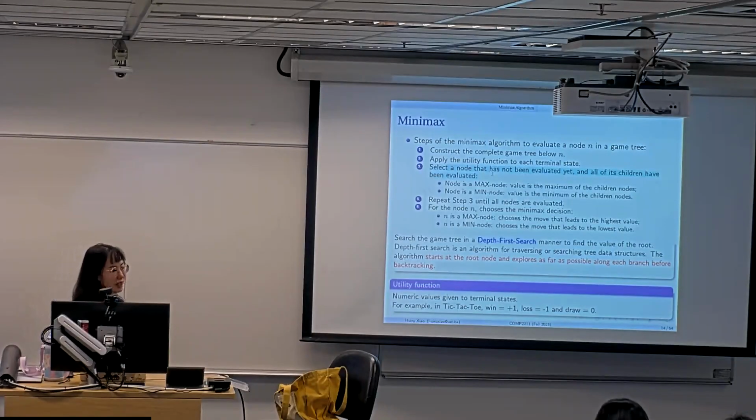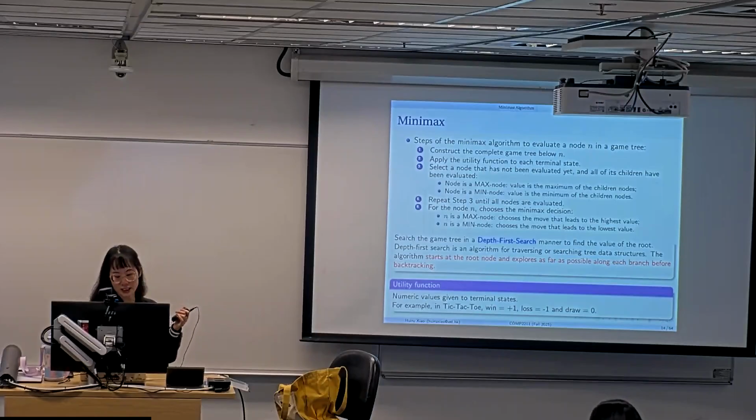But still you may ask, what is the specific order to evaluate all the nodes? We only see that we repeat step 3 until all the nodes are evaluated. This search order is depth first search. So the game tree search in Minimax will be done in a depth first search manner to find the value until the root node.